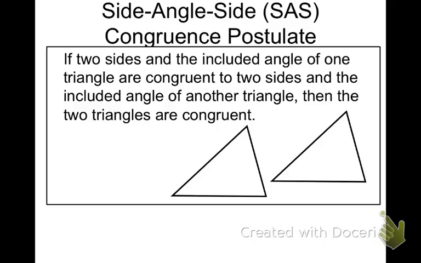So it says, if two sides and the included angle of one triangle are congruent to two sides and the included angle of another triangle, then the triangles are congruent.